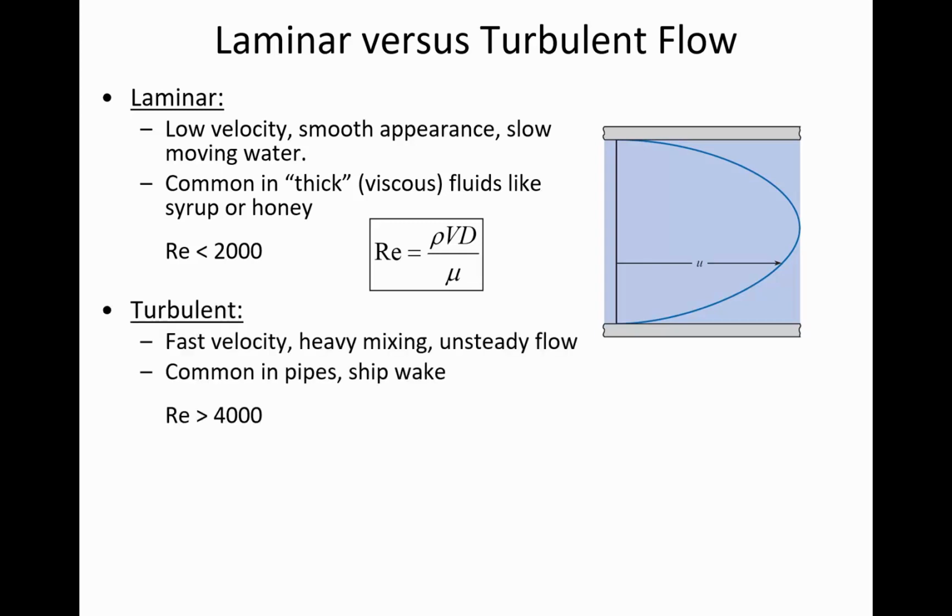The flip side of that is turbulent flow. And so turbulent flow is characteristic of fast-moving liquids with a lot of mixing. And so if water is flowing through a pipe at a high velocity, then probably the conditions inside of that pipe are turbulent. And so rather than this nice smooth velocity profile that we can see in the case of laminar flow, where in laminar flow the velocity is faster at the center of the pipe than it is at the edge, because at the edge of the pipe the water is experiencing some pipe friction, and that reduces the velocity.